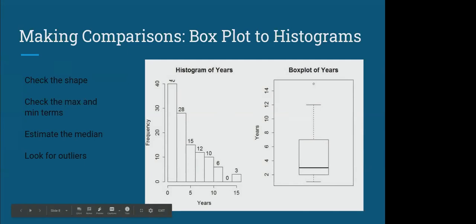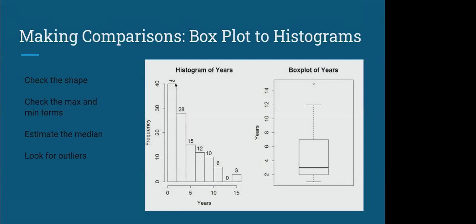Again, the median is 50%. They gave us these values up at the top, and that is what is going to help us estimate the median. Because again, the median is the 50% mark.